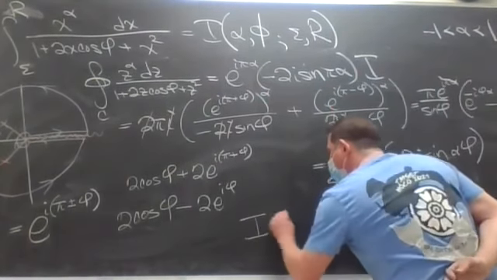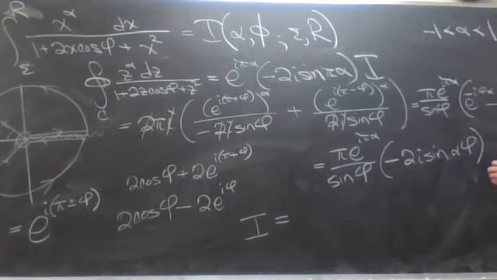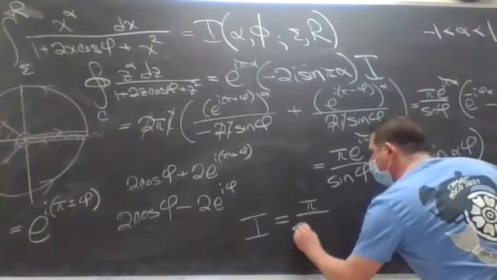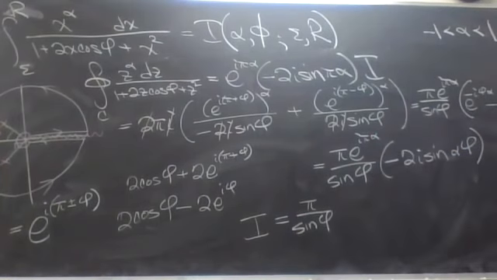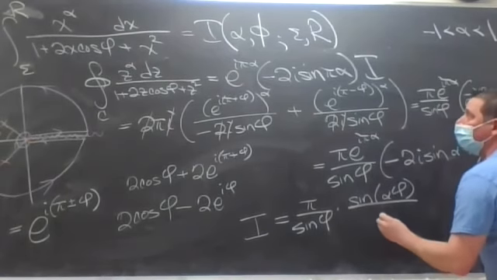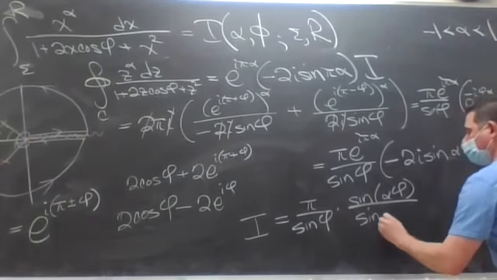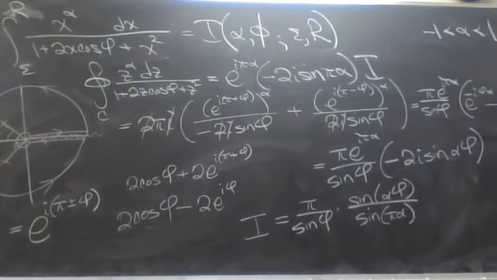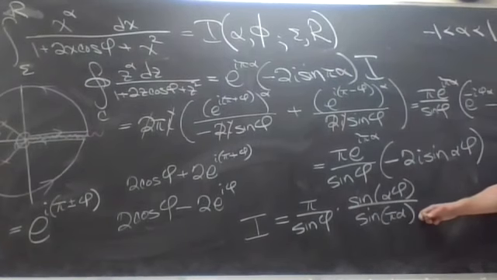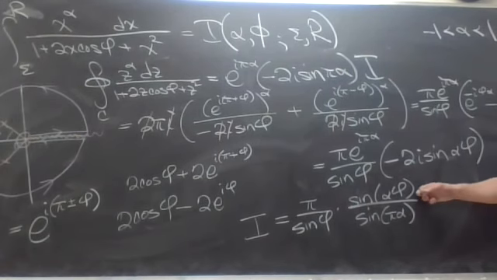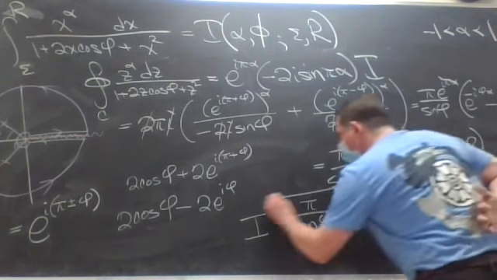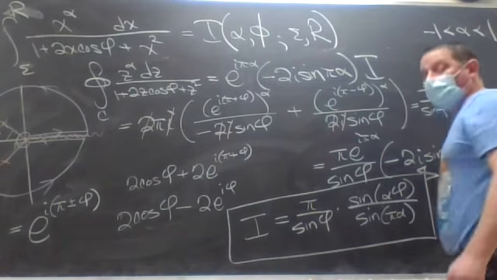And so we end up with our integral given by pi over sine phi, sine alpha phi divided by sine pi alpha. And that should be what we're asked to show.